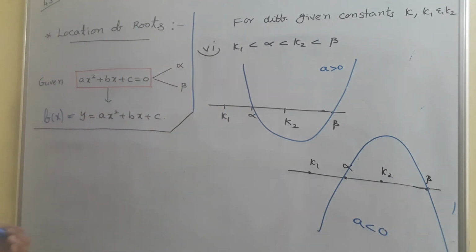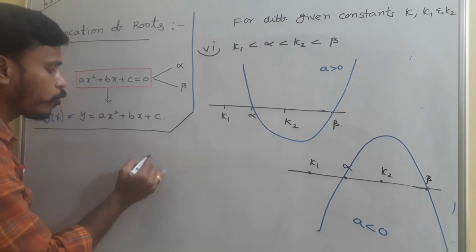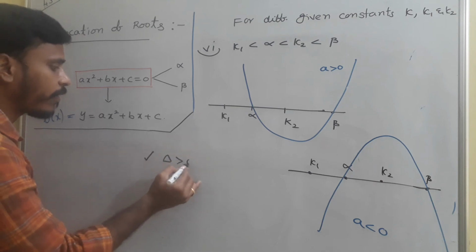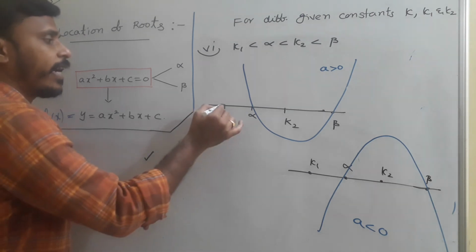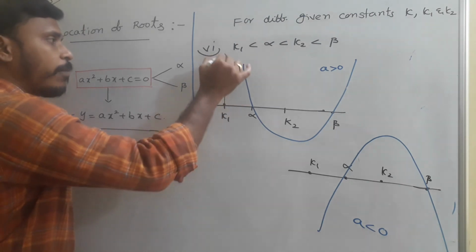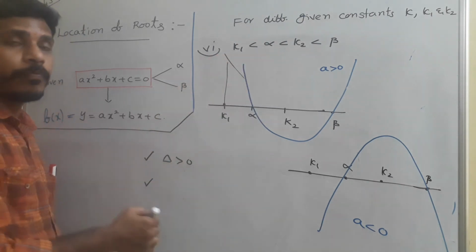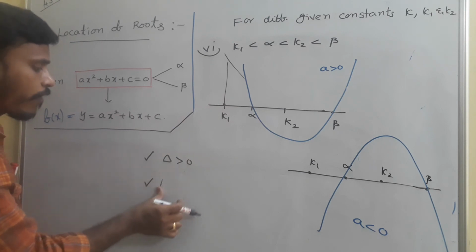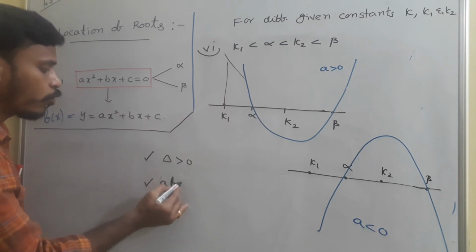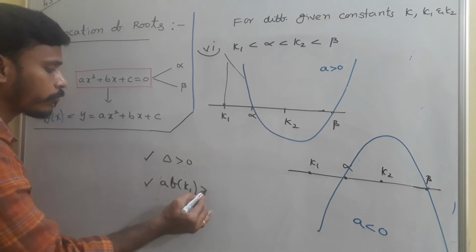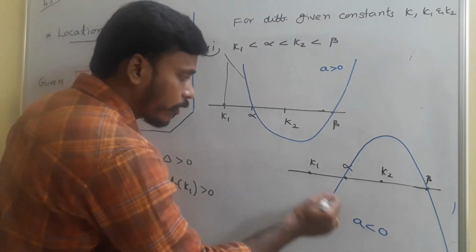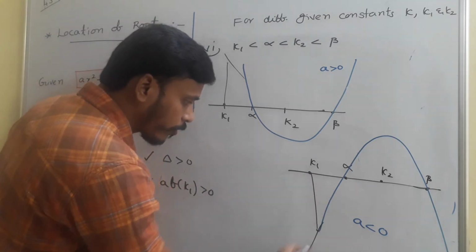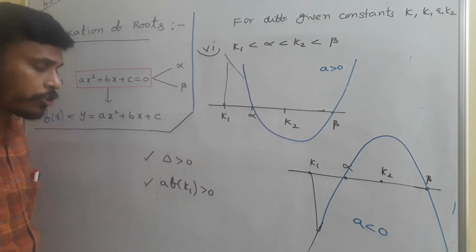While writing the conditions, since there are two roots, delta is greater than 0. The second one, at K1 the graph is above the x-axis, positive. A positive, f of K1 positive, so I will write a into f of K1 positive. Here also a negative, f of K1 negative, so the product is positive.